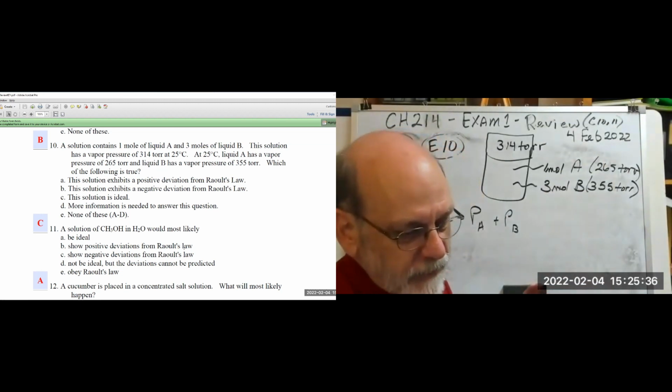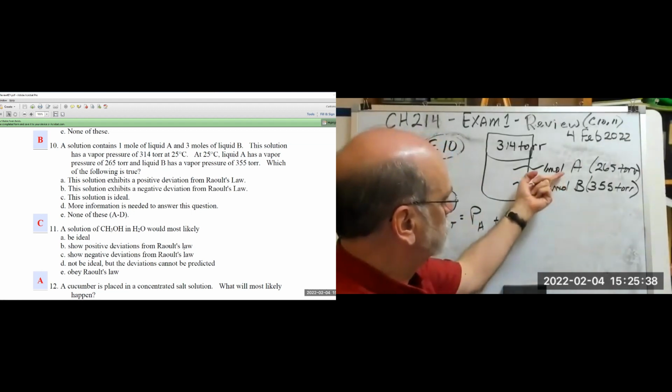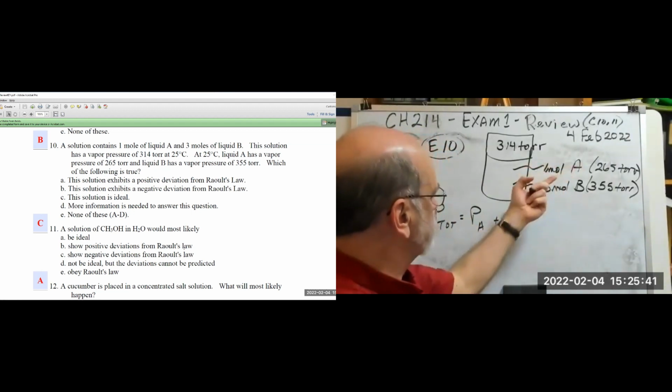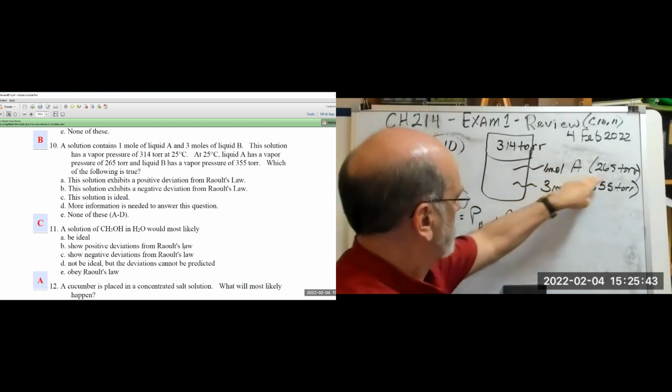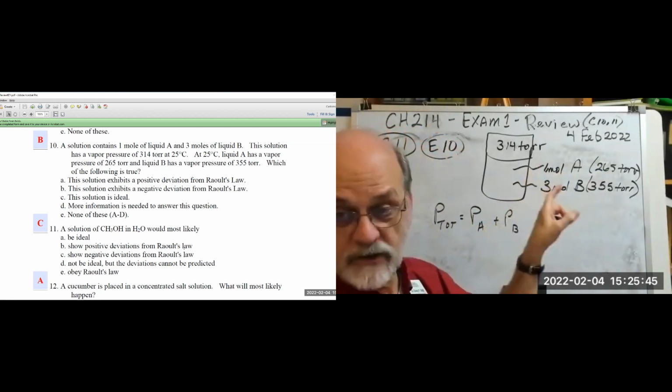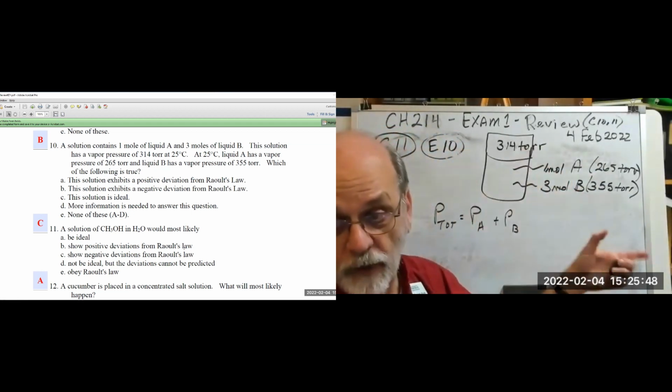So we could do that. I mean, we could calculate what is the partial pressure of this one due to its mole fraction. The mole fraction here is 0.25.